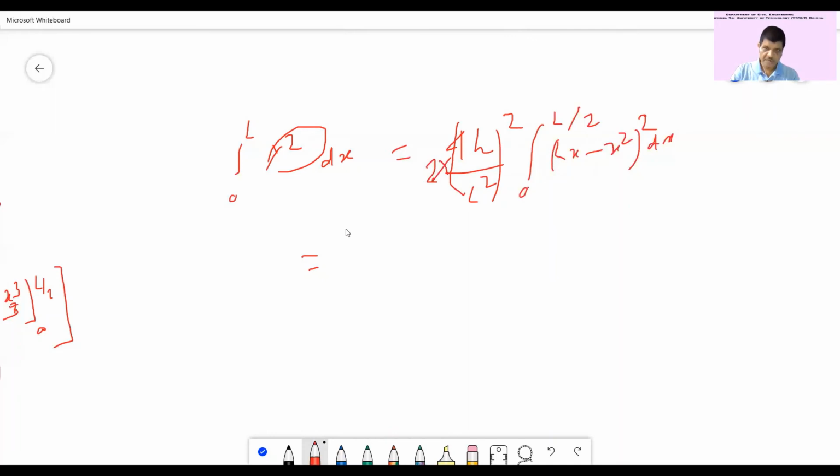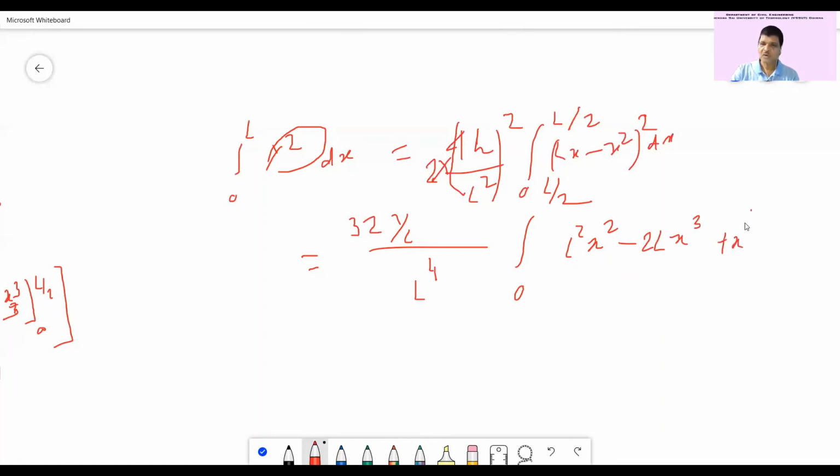So you can find 32 yc by L to the power 4 (here h is nothing but yc), multiplied by the integral from 0 to L by 2 of a minus b whole square: L square into x square, minus 2L into x cube, plus x to the power 4, and then dx.